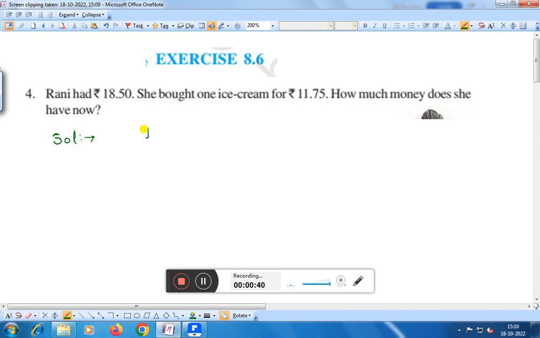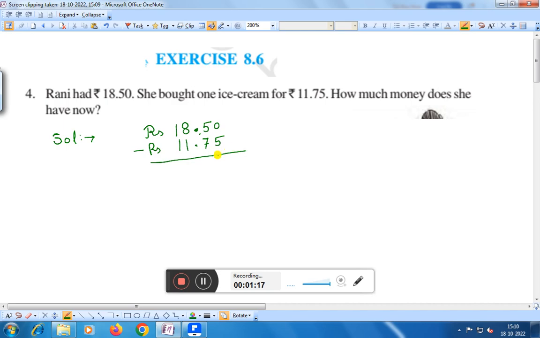And we are subtracting here rupees 18.50, and we will subtract rupees 11.75. You have to subtract this one.